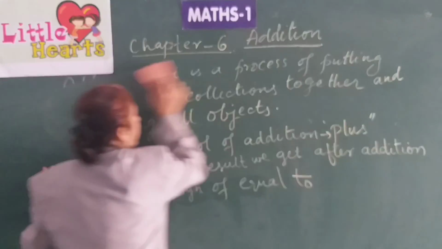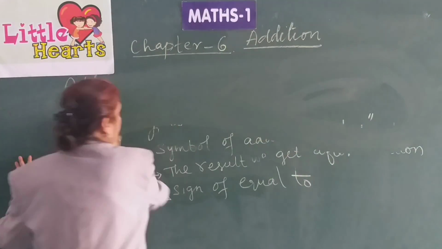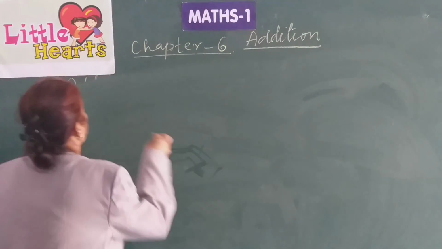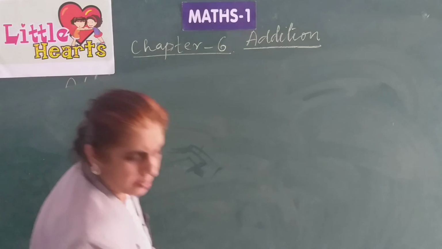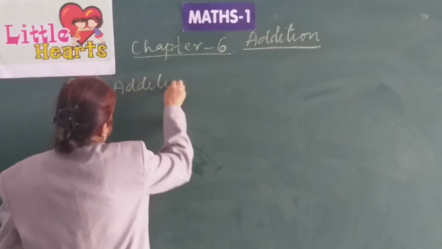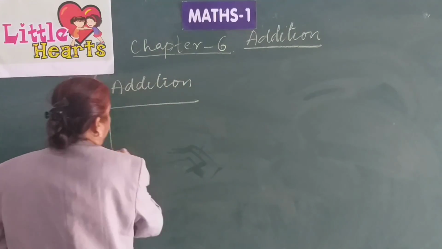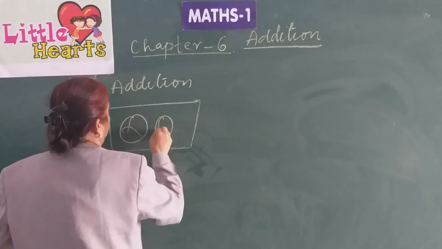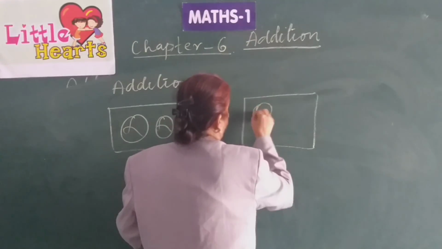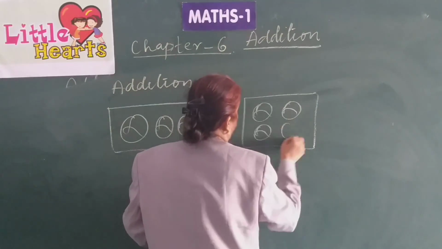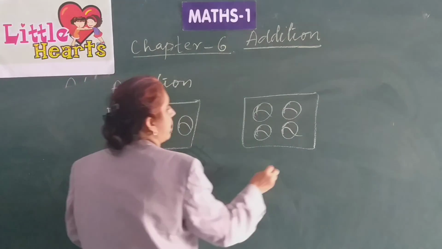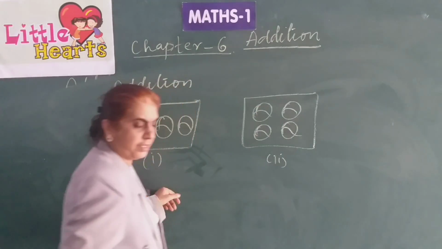Now, let us see an example. There are 3 balls in the first box and there are 4 balls in the second box.